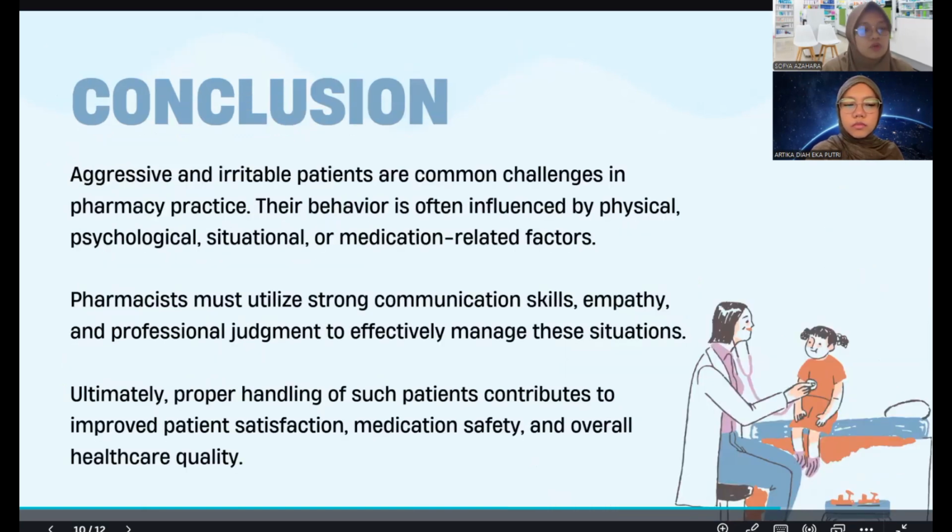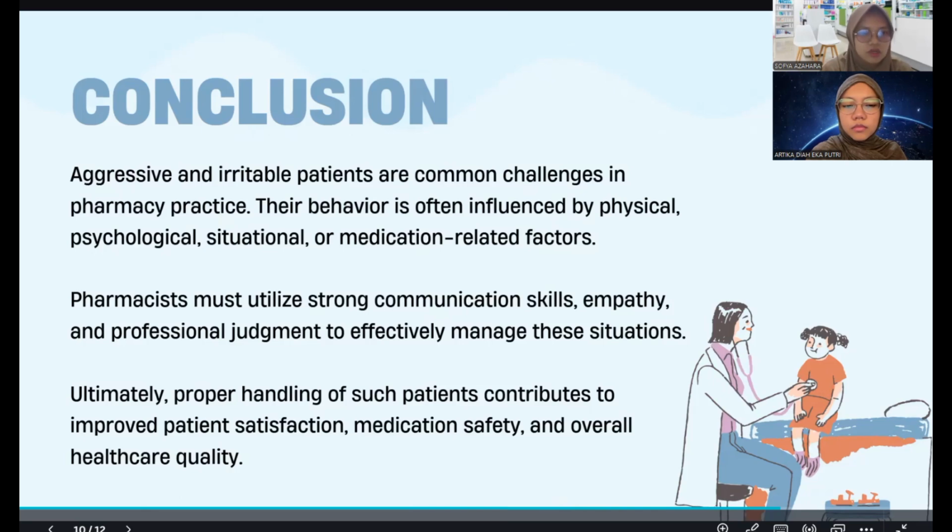And for our conclusion, aggressive and irritable patients are common challenges in pharmacy practice. Their behavior is often influenced by psychological, situational, or medical-related factors.